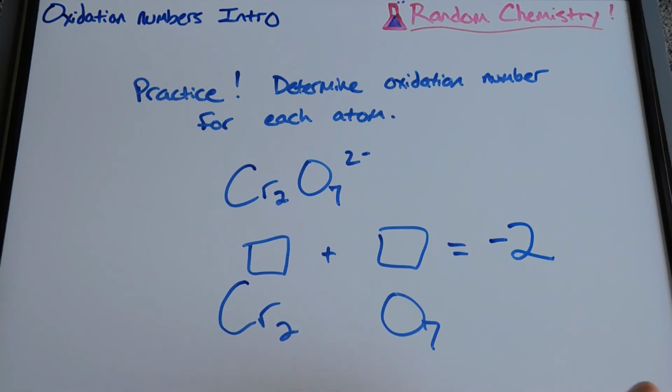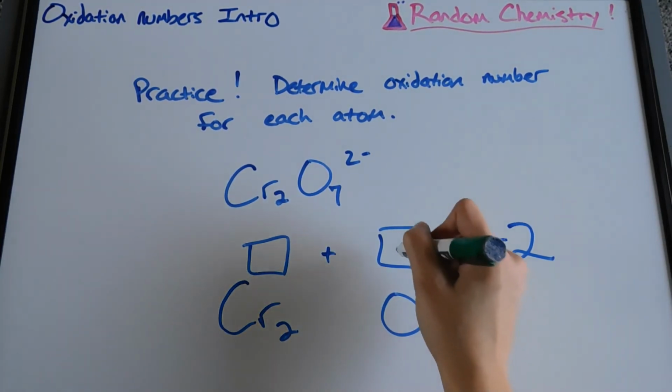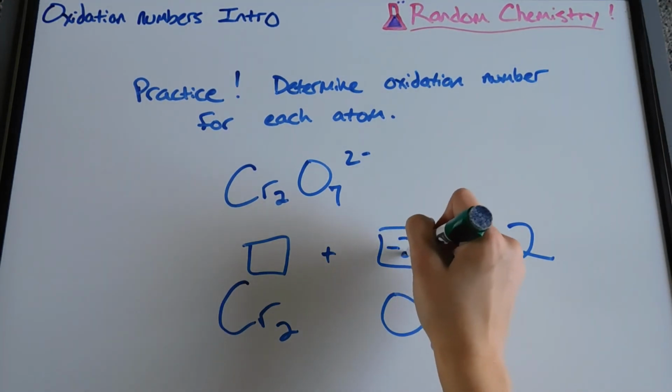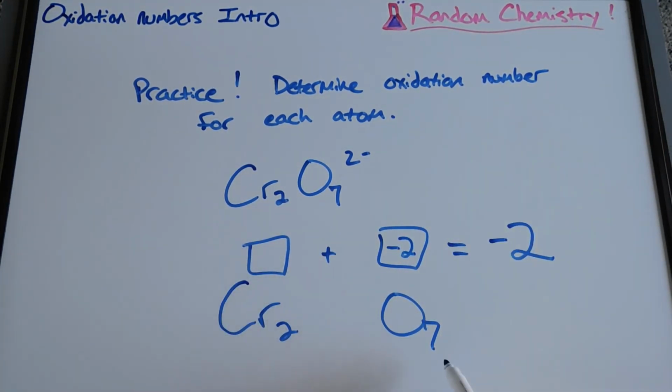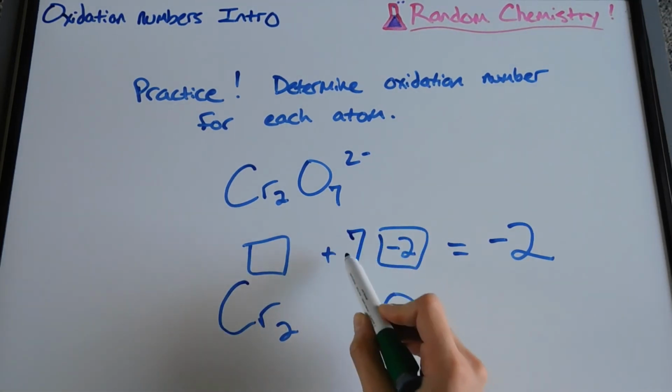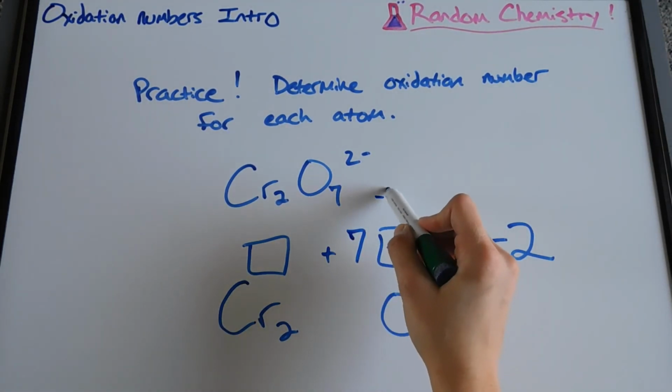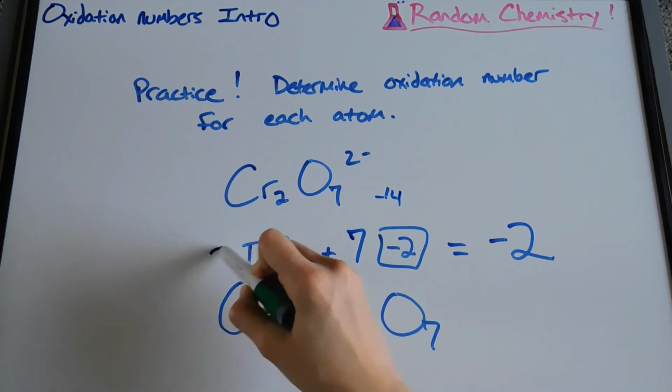Now we follow our rules. Oxygen typically has an oxidation number of -2, and there's 7 of them. So 7 times -2 is -14.